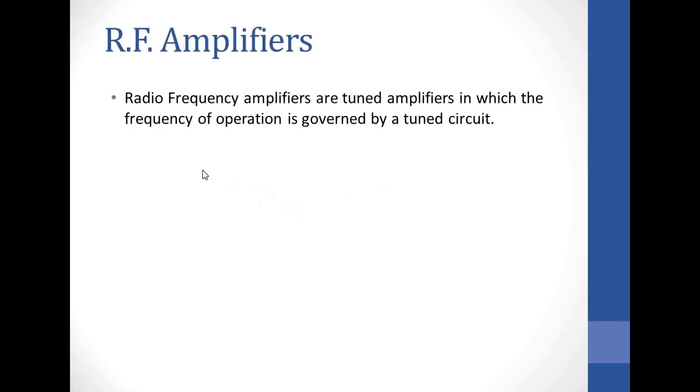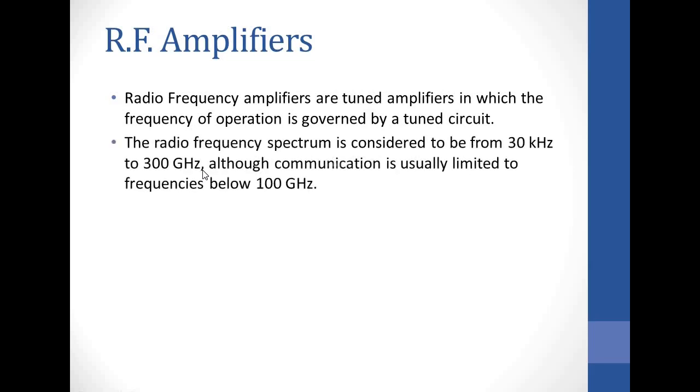Moving on to RF amplifiers. We are going to dwell much more on these RF amplifiers in this chapter. So RF amplifiers are basically for frequencies from 30 kilohertz to 300 gigahertz. But normally for communication systems, they use frequencies below 100 gigahertz.